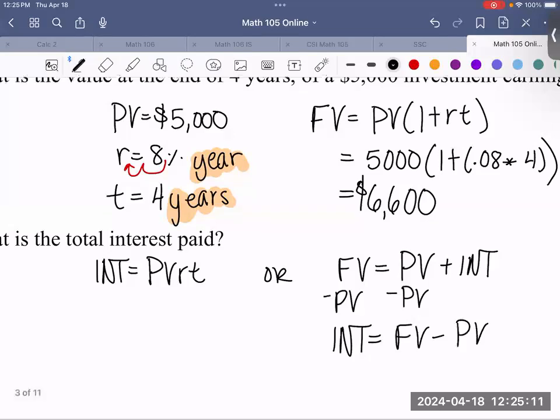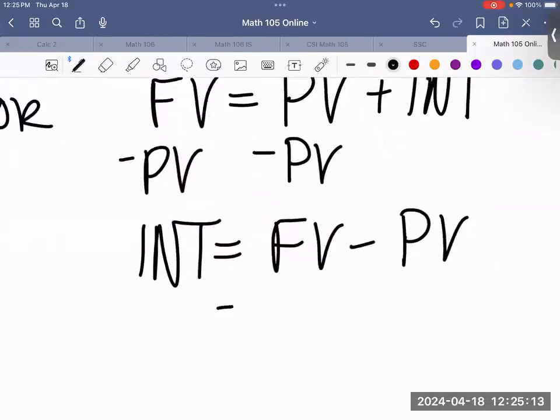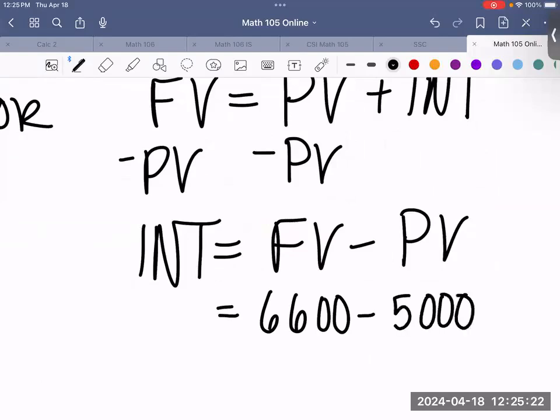This is probably the one that I'm going to be using because we haven't seen this one quite yet. 6,600 minus, I think we started off with what, 5,000? So the interest that is earned is 1,600.